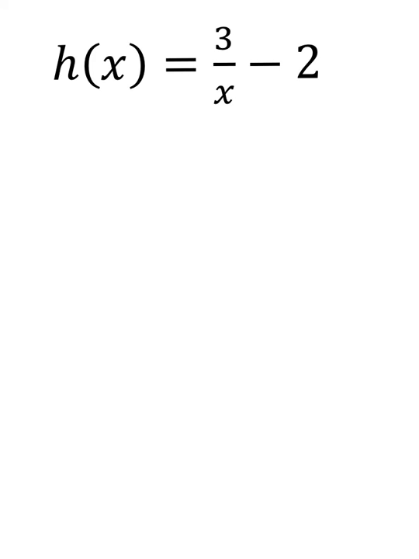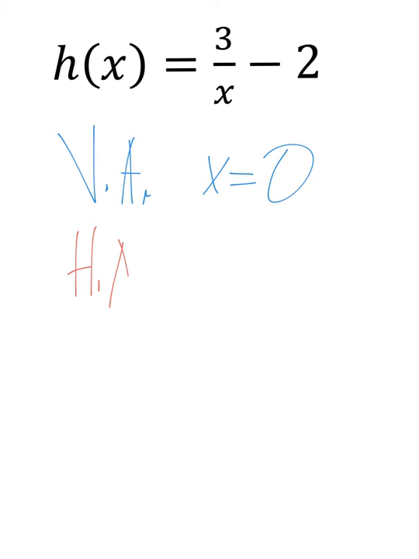So here on this example, I'm not adding or subtracting anything on the bottom, so my vertical asymptote is simply x equals 0, okay? Because think about it, I'm not plussing or minusing anything, so you can't divide by 0, so x equals 0. So my horizontal asymptote is still just that number on the side, so y equals -2.